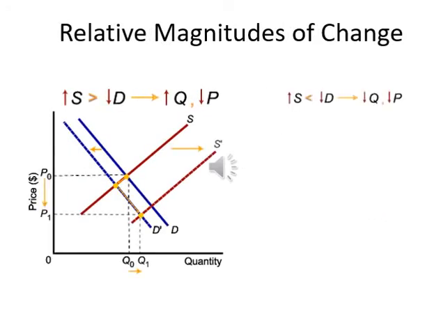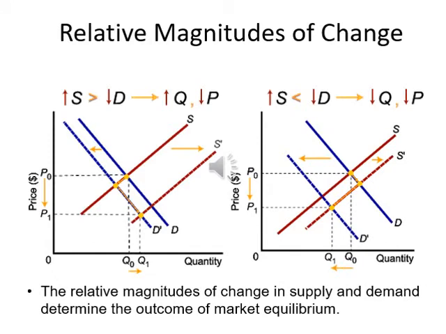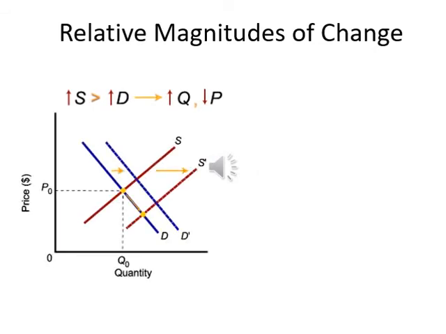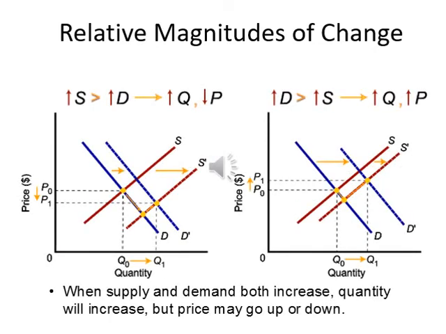The relative magnitudes of change in supply and demand determine the outcome of market equilibrium. When supply and demand both increase, quantity will increase, but price may go up or down.